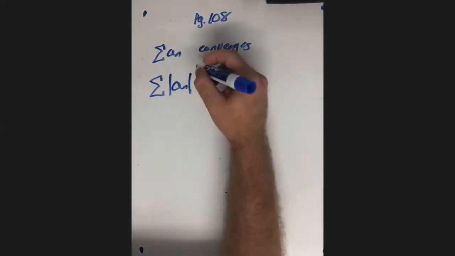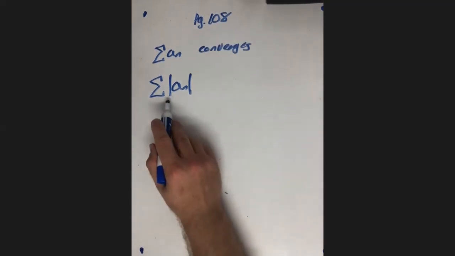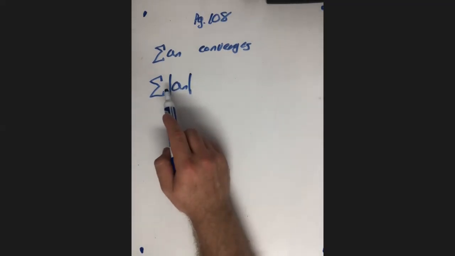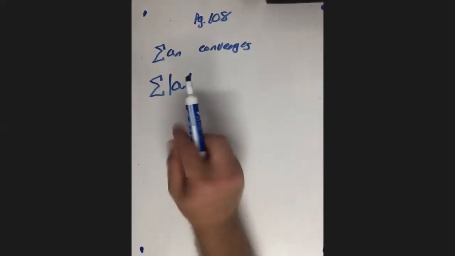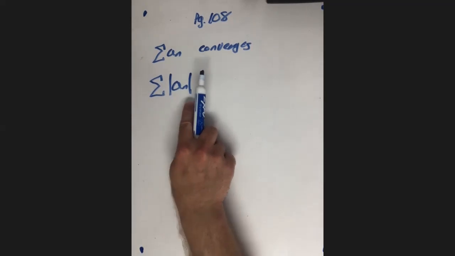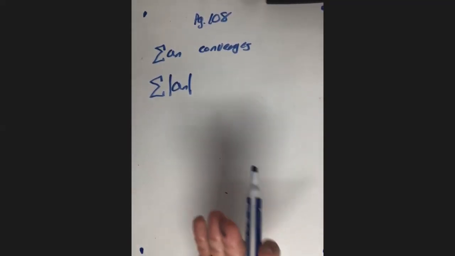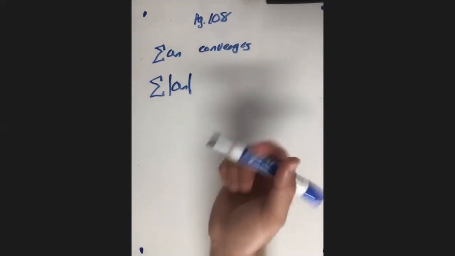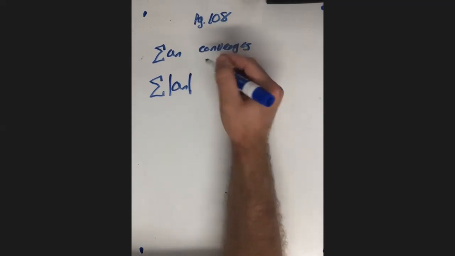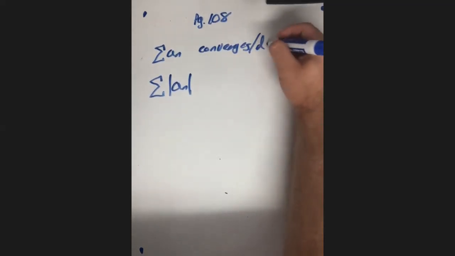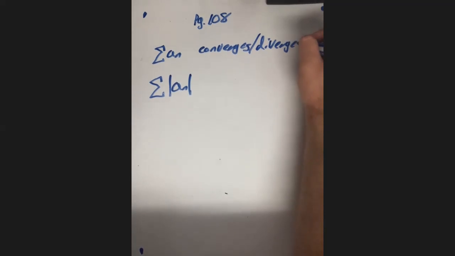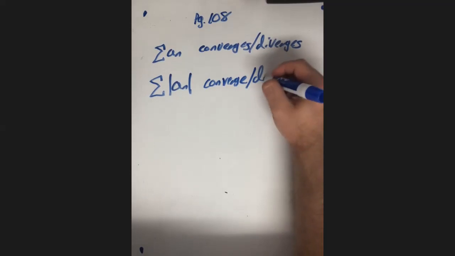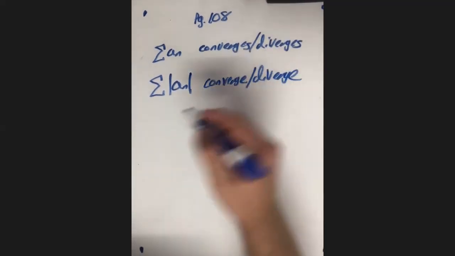I'm sweating. Okay, we're going to look at its absolute value, meaning it's always positive. So if we're dealing with alternating series, the absolute value of an alternating series is not an alternating series. It's not, because it's always positive. Alternating series goes positive, negative, etc., okay? So we're going to say, does this converge or diverge? Okay.